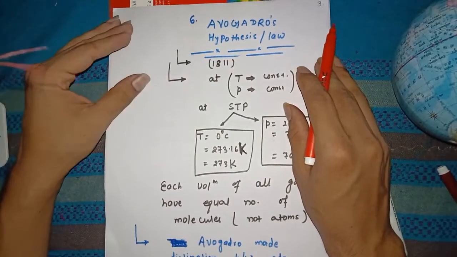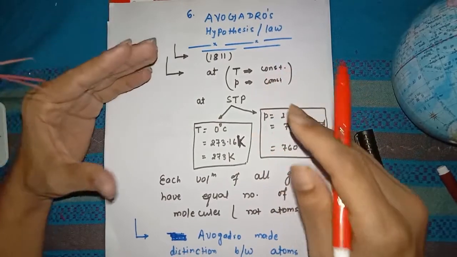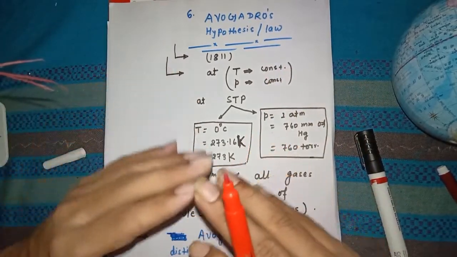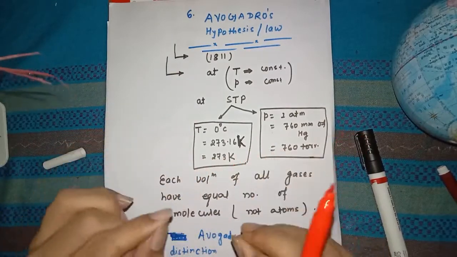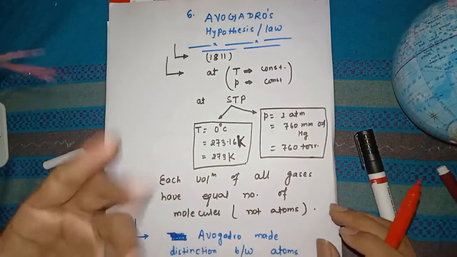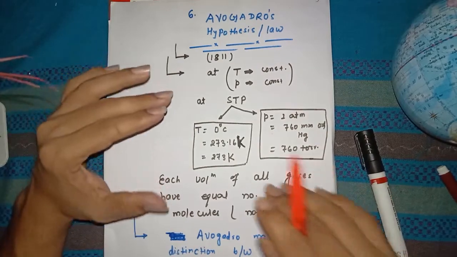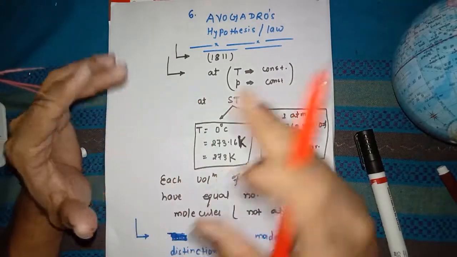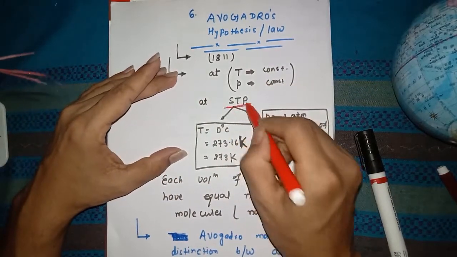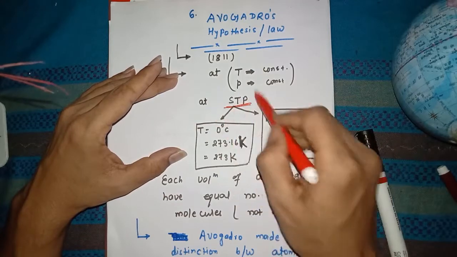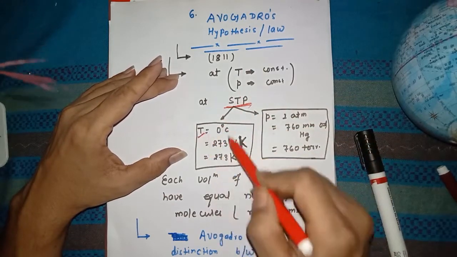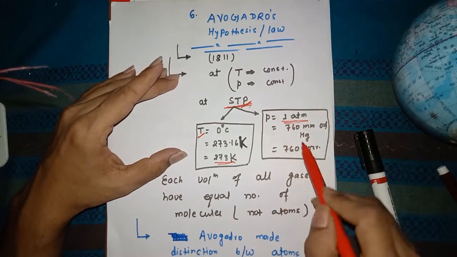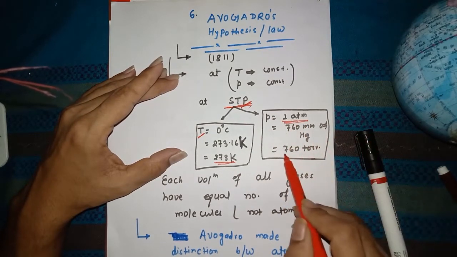It is very important that temperature and pressure are constant, and the necessary condition is that temperature must be 273 Kelvin and pressure must be 1 atm, which means you have to take these species at STP. STP means standard temperature and pressure. Standard temperature is 273 Kelvin, and standard pressure is 1 atm or 760 mm of Hg or 760 torr.